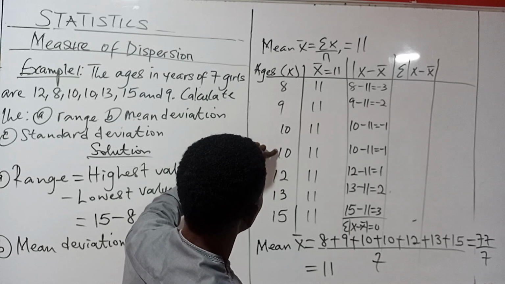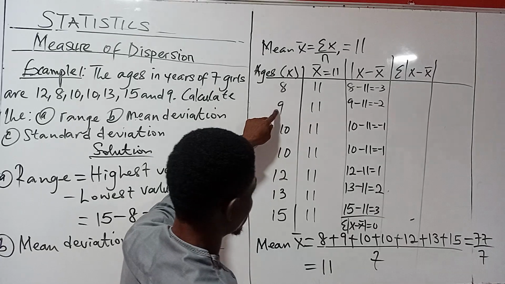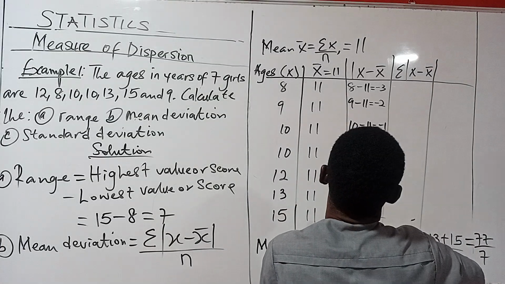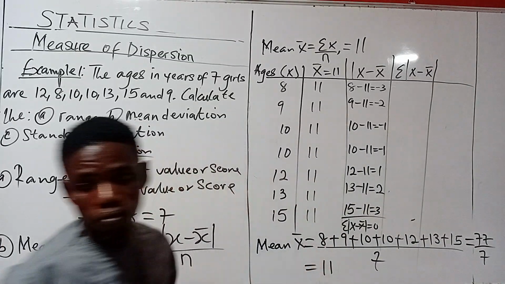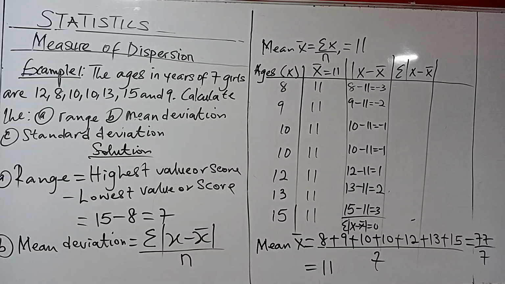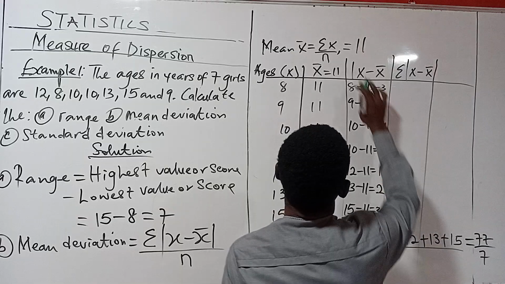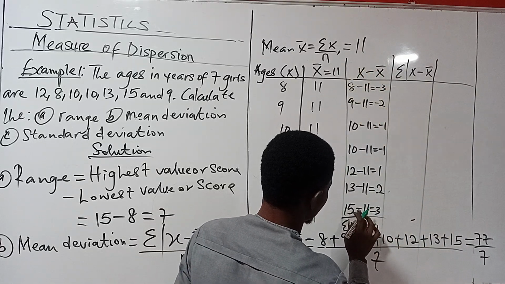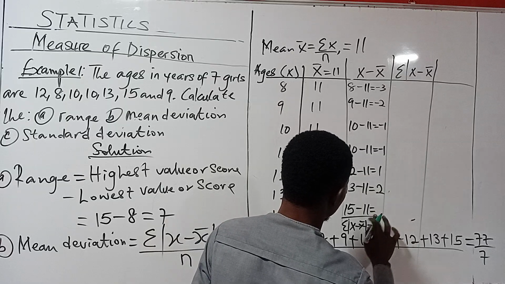This one, this one, this one. Now let us go with this one. 15 minus 11 should be 4. So it should be 4.